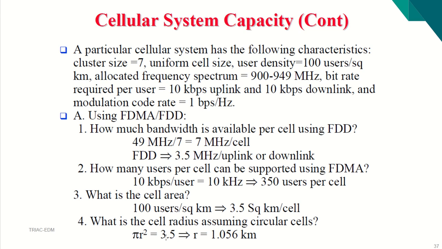Then it equals 3.5. As a result, we have r equal to, pi is 3.14, something like that, right? So we have 3.5, and just solve for r, and you get r equal to 1.056 km.